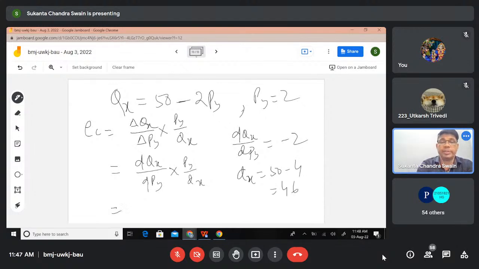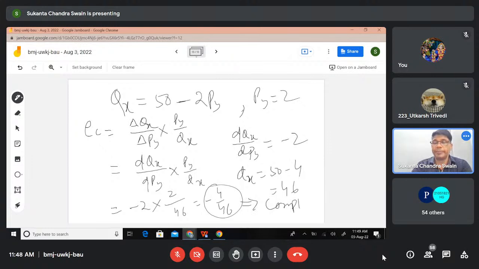So now it will be dQx by dPy, minus 2, into Py, which is 2, over Qx, which we have got as 46, equal to minus 4 by 46. In decimal we will get something like 0 point something. As it is coming negative, the conclusion is X and Y are complementary. Could you follow?